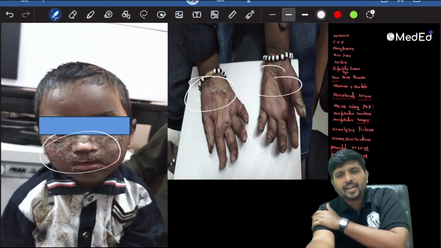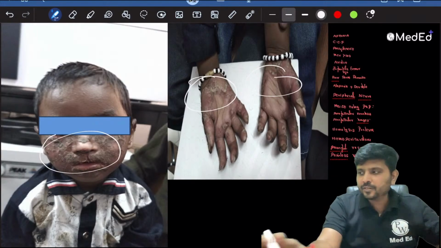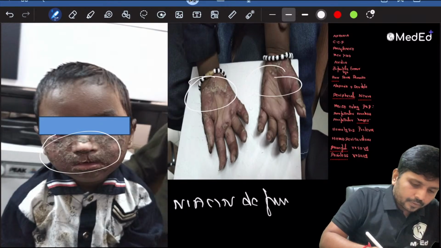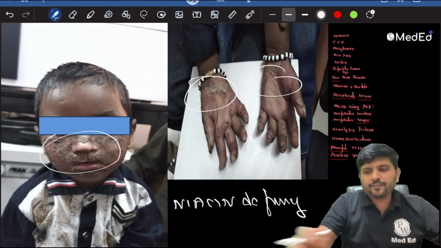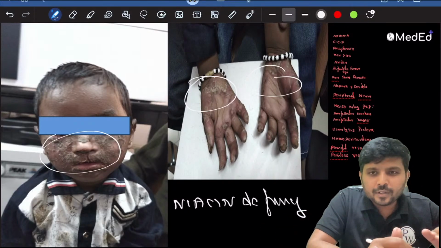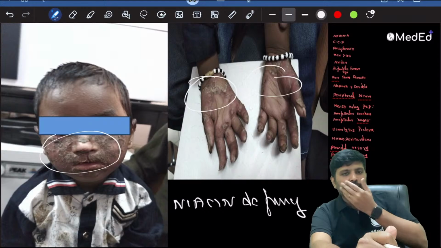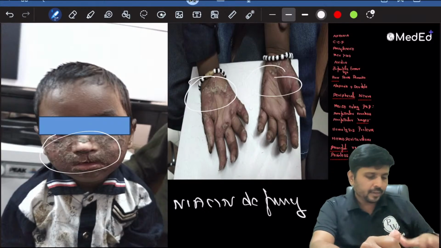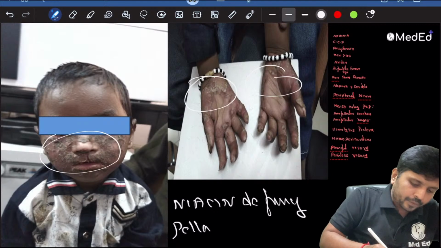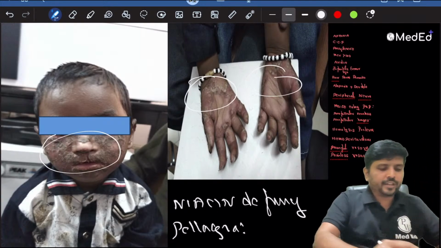This is niacin deficiency, otherwise known as pellagra, with rash in the sun exposed areas.